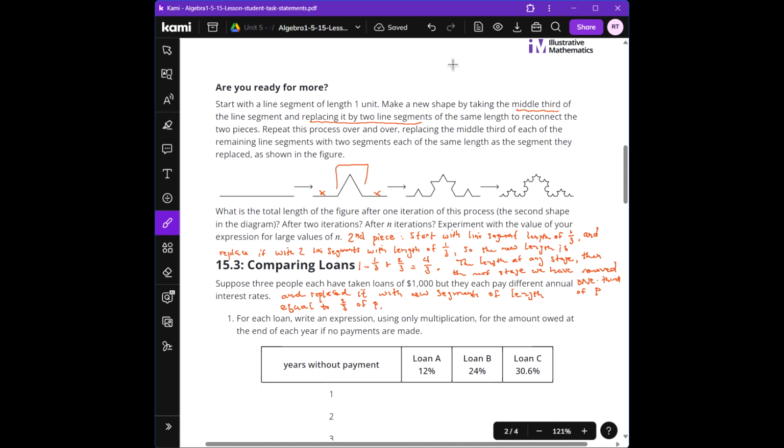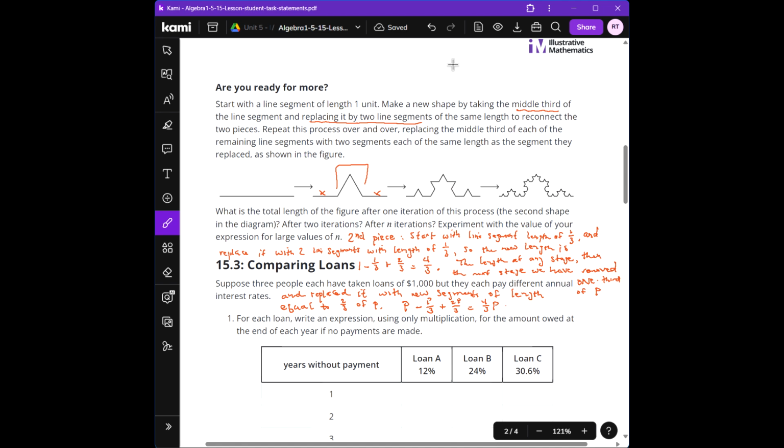So for any step, we're going to have p minus p over 3 plus 2p over 3, which is equal to 4/3 p.